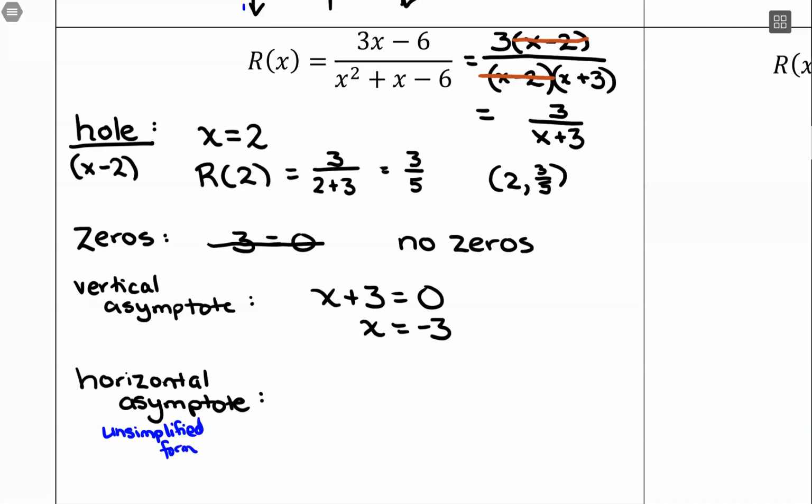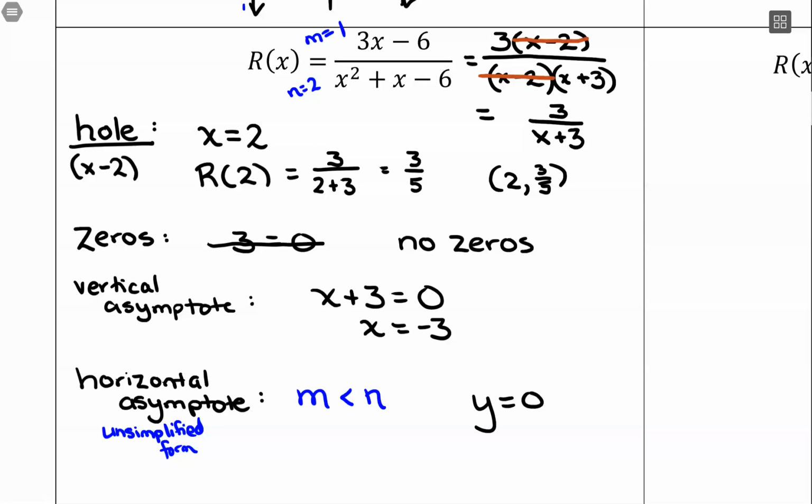So with this, our degree for the numerator is 1, and the degree for the denominator is 2. So comparing these, the degree of the numerator is less than the degree of the denominator. So with this, we just want y equals 0.